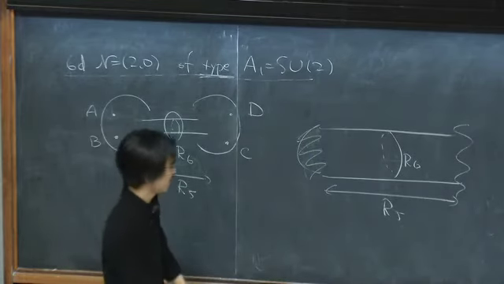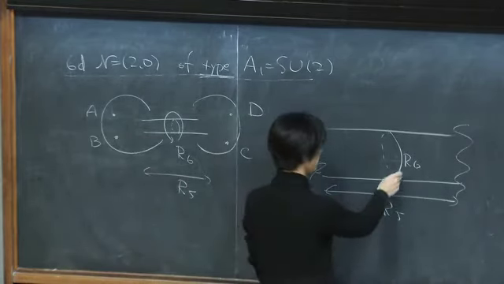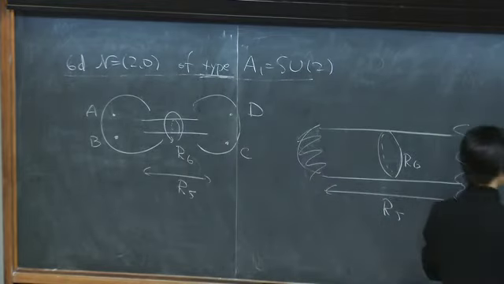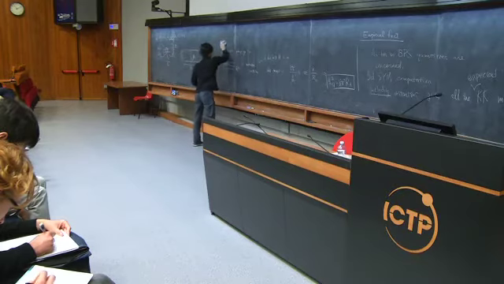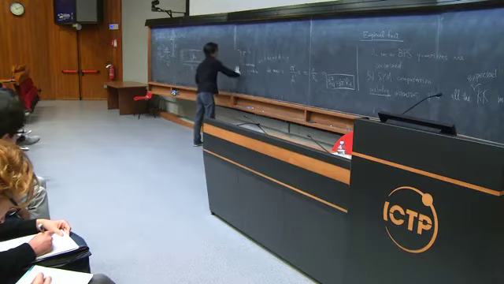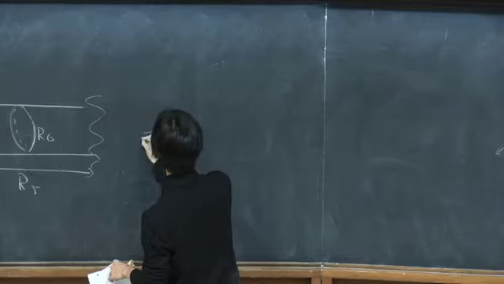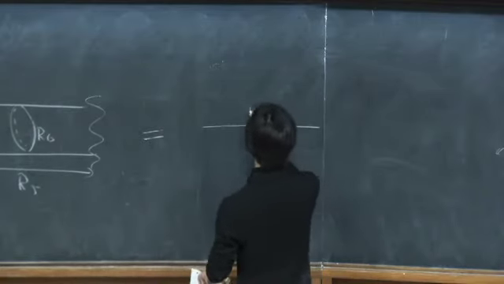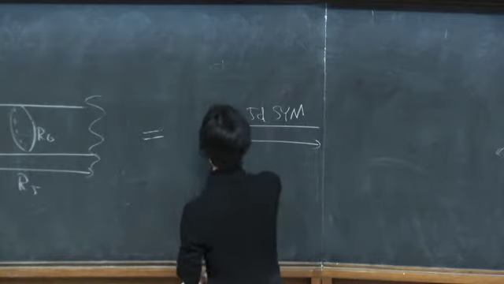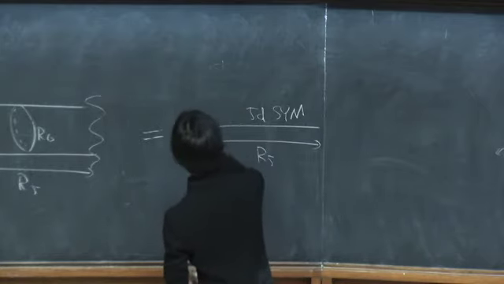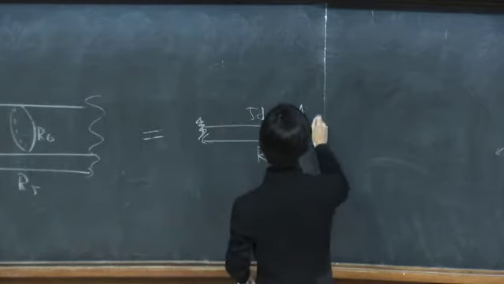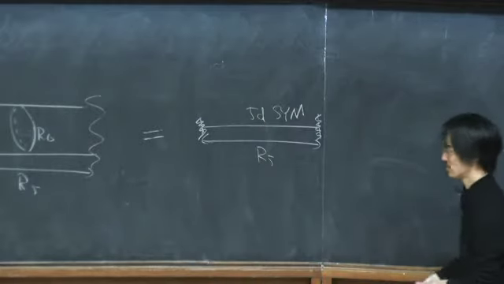Let's use the fact that if you compactify the 6D theory on a circle, you get 5-dimensional super Yang-Mills. So this is equivalent to having a 5D super Yang-Mills on a segment of length R5 coupled to something here, and to something there, right?